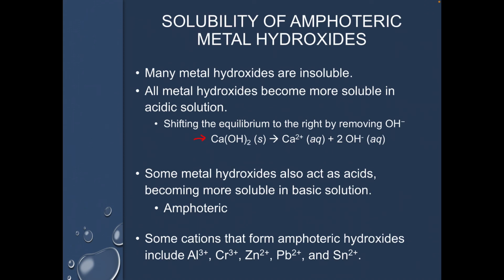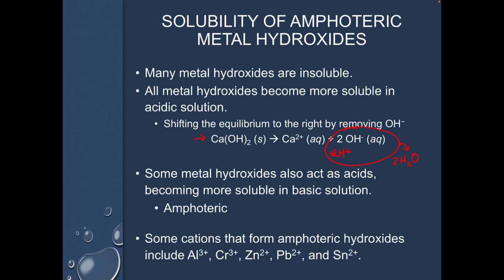If we add acid to this, when we do that, it's going to react with the hydroxides that are present in the solution. And it will remove these hydroxides, right? If we put a 2 here, it will remove those hydroxides as water. And so as we add acid, that is going to decrease the concentration of the hydroxide because it's forming water.